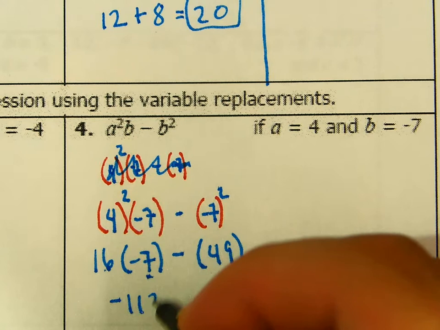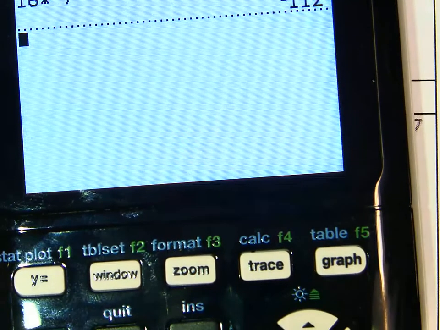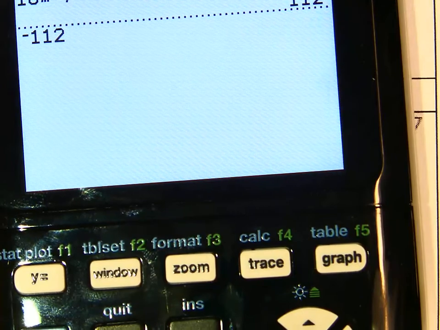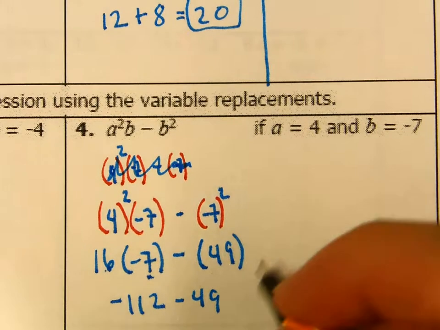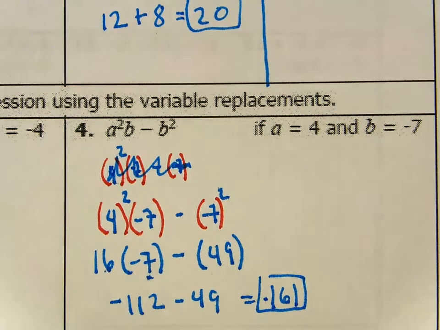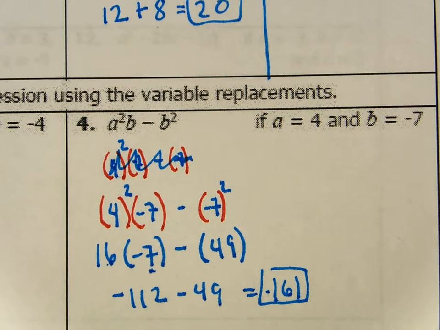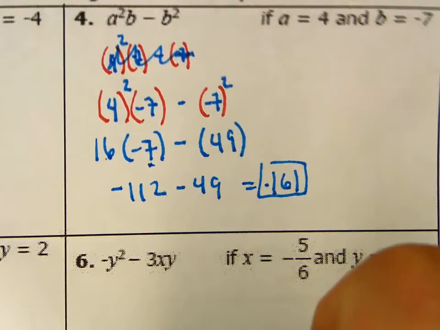So negative 112 minus 49. And then what is negative 112 minus 49? Negative 161. Okie dokie. Not bad, not bad. Next one. Let's take a look.